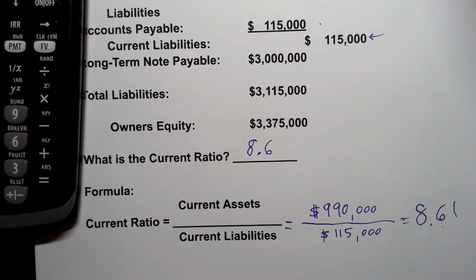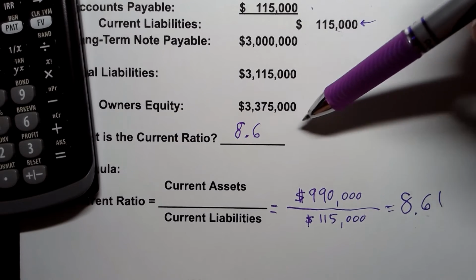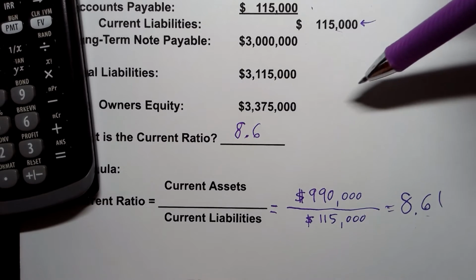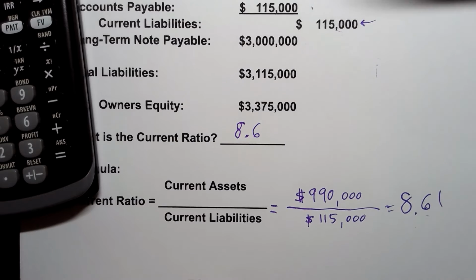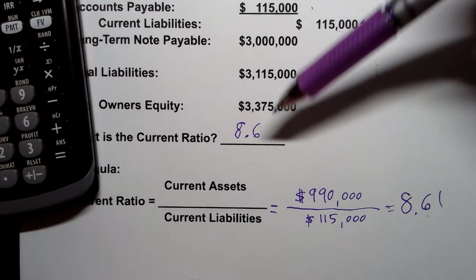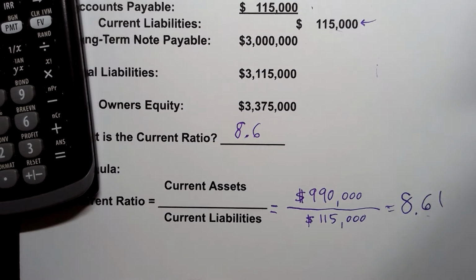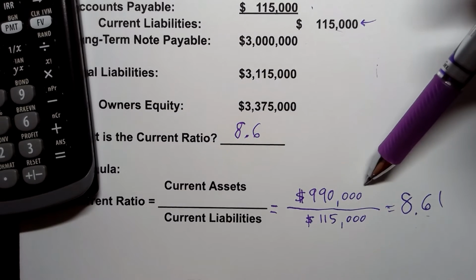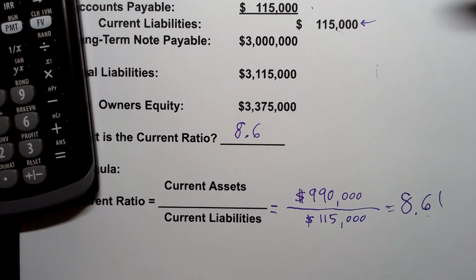What does it mean? Well, this is one way for finance professionals, investors, accountants, people like that to figure out the health of a company. And the larger this number, the more it is above one, the healthier the company is in general, because this is showing you that our current assets, the amount of assets we have that we could convert into cash, is larger than the amount of current liabilities that we have to pay within a year.